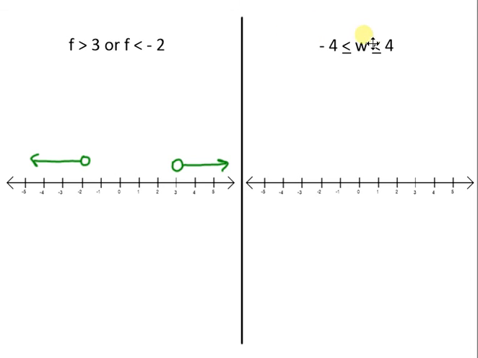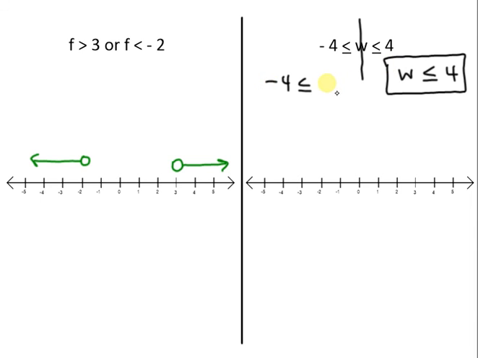All right, here I have an and statement, so it's going to split down the middle. So one side is going to be w is less than or equal to 4. And then the other side is -4 is less than or equal to w, but I'm going to have to flip it around. So I got w is greater than or equal to -4.